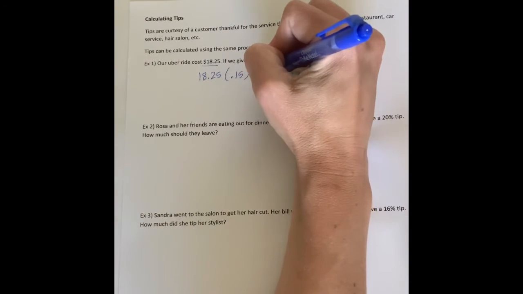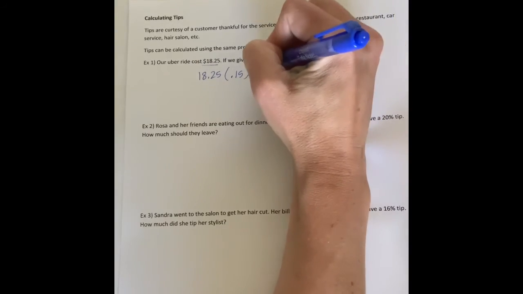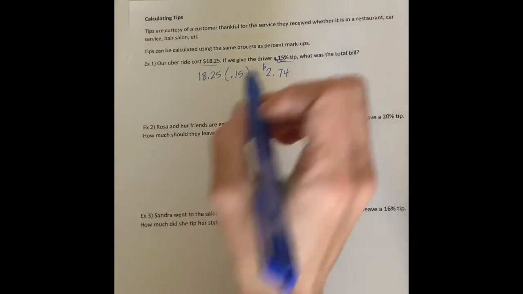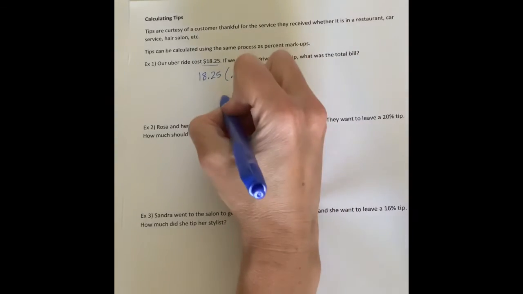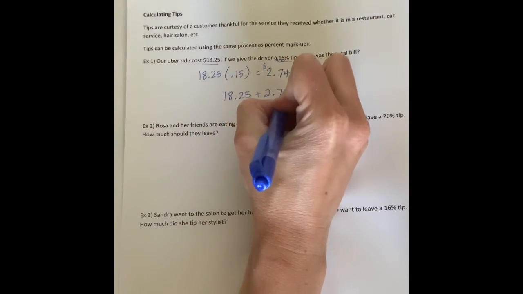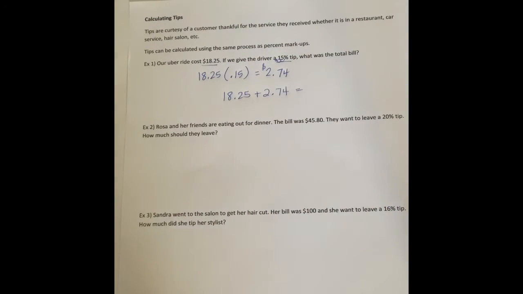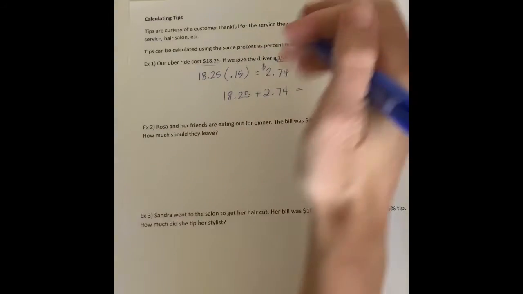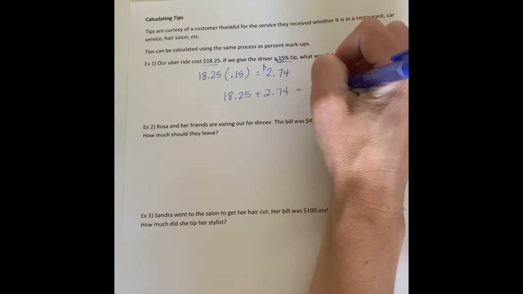So we have about $2.74 in a tip. If I take that amount and add it to the 18.25, I'll get my total cost that I paid for the meal, or your Uber ride, sorry. So about $20.99.